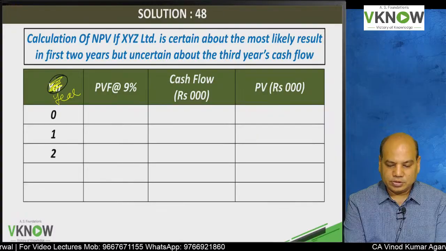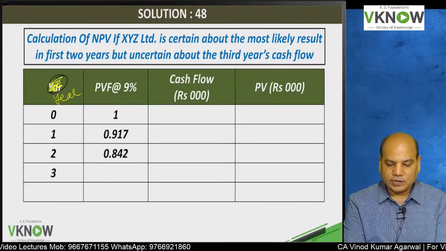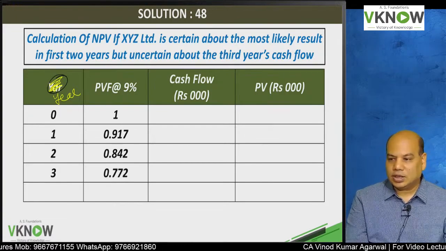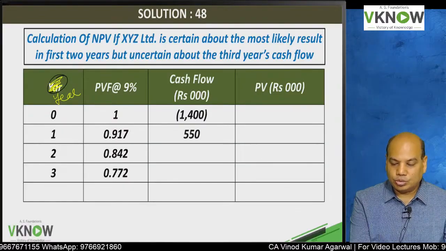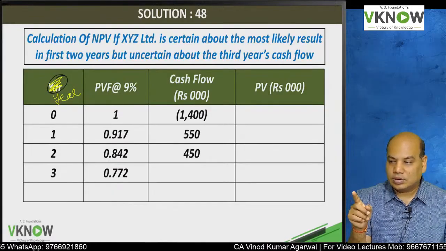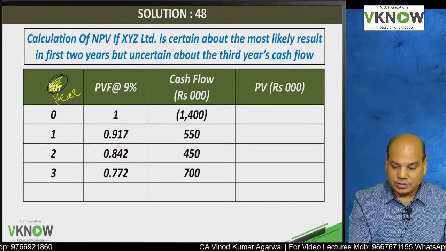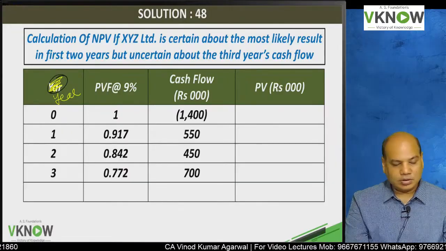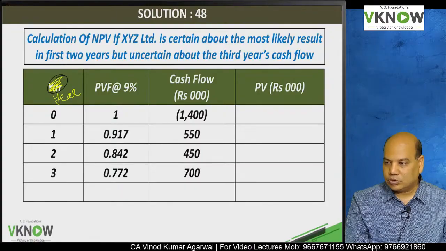Like the previous question solve, year 0, 1, 2, 3, copy the factor from the previous answer, cash flow in year 0 will be same, year 1 and 2 take from most likely situation, and year 3 take from worst case scenario, 700. Now you can solve. You have to be just careful, alert, and you can do it. Please solve.